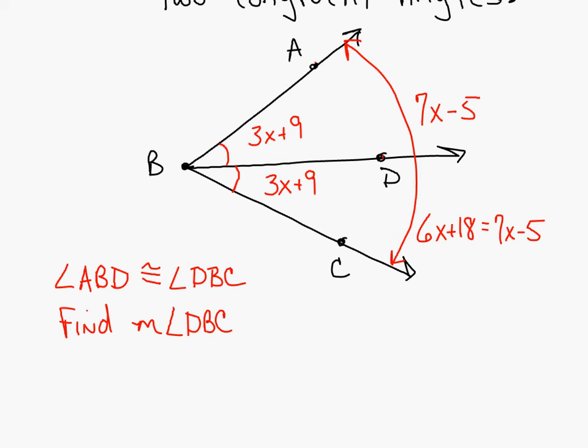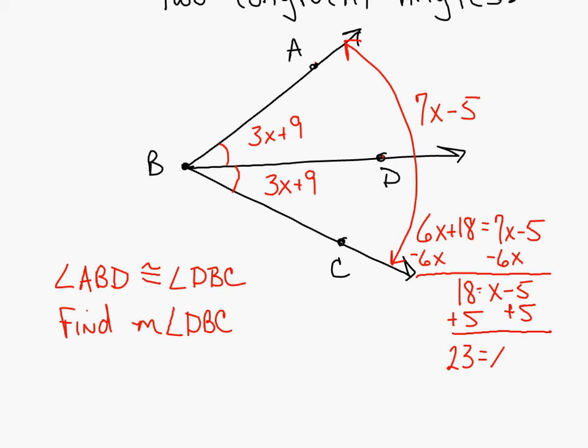If you solve for x, subtract 6x from each side, then 18 equals x minus 5. Add 5 to each side. And 23 equals x.